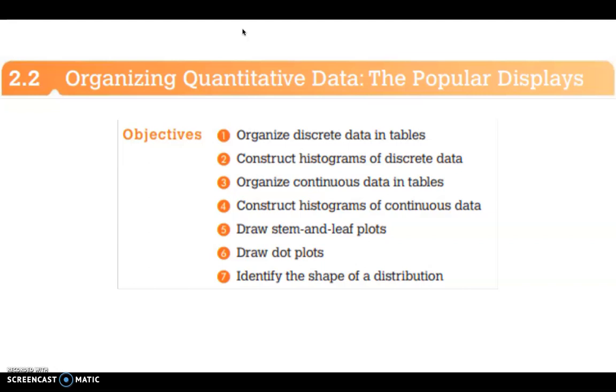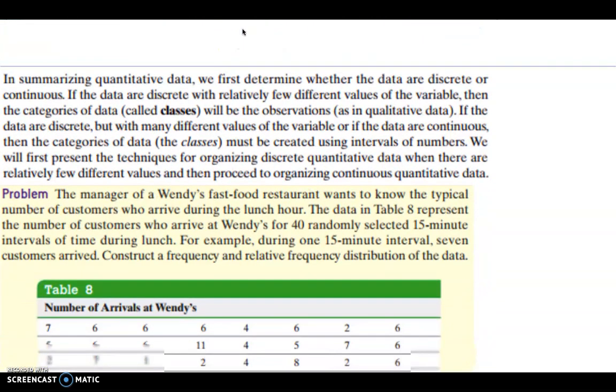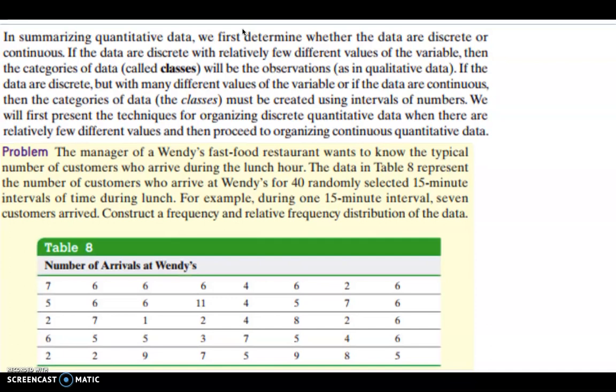And then we're also going to talk a little bit more about discrete versus continuous. Quite a few objectives to get through in this lesson, but we'll make it through, and at the end I think you'll have a lot of good information.